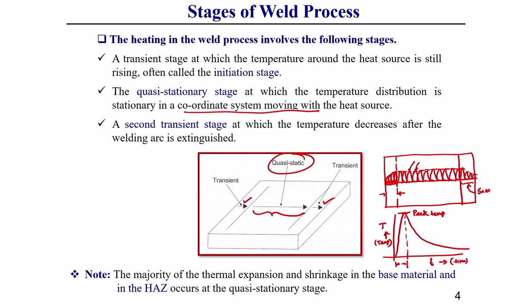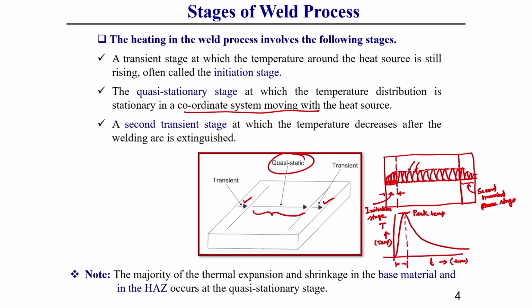This is called the second transient stage. And this first transient stage has a name, this is called the initiation stage or initial transient stage, and this middle stage is called the quasi stationary stage.